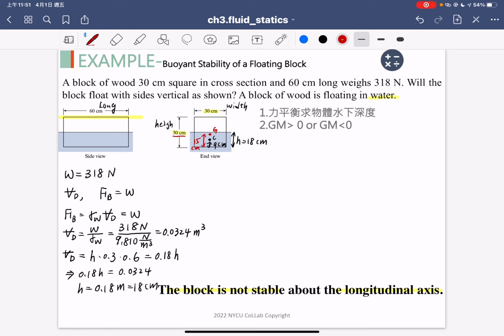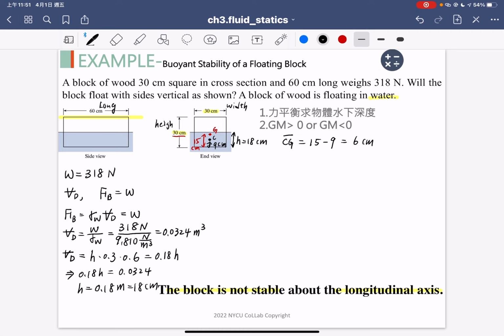Okay, so we have the C and G locations. So we actually know the CG distance. What is the CG distance? The CG distance should be equal to 15 centimeters minus 9 centimeters, so it's equal to 6 centimeters.